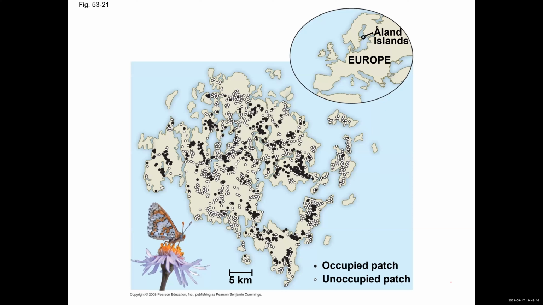All right, another way that populations may be distributed is a little more complicated. So this is an example that's going to illustrate this concept. And it's of butterflies in a small island in Northern Europe. And on this island, there are certain plants, and the plants have a random distribution.